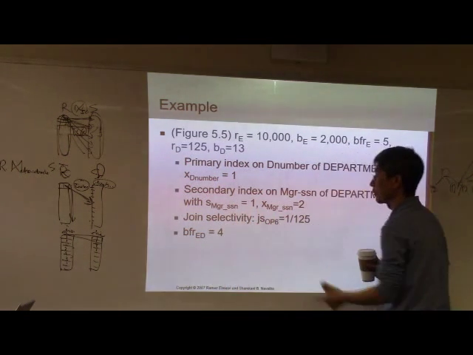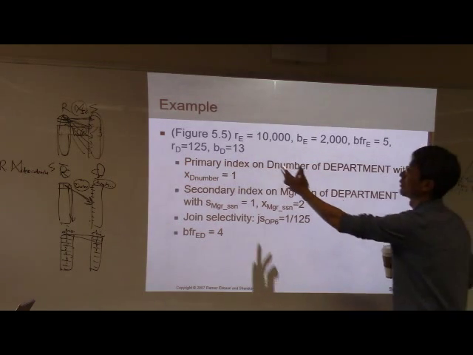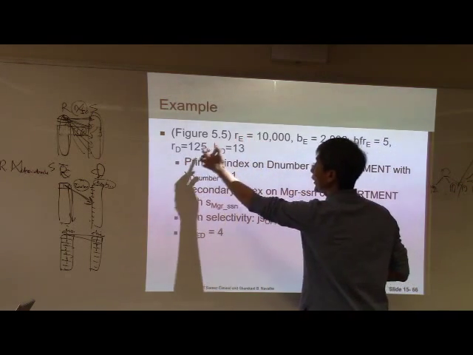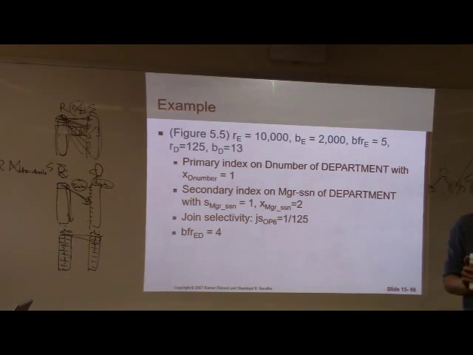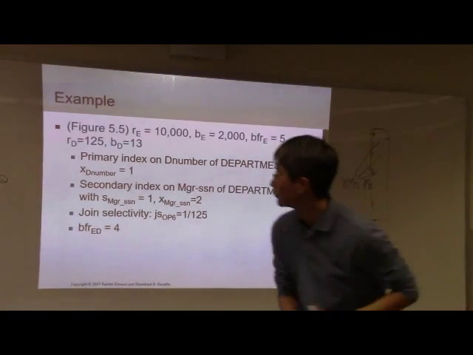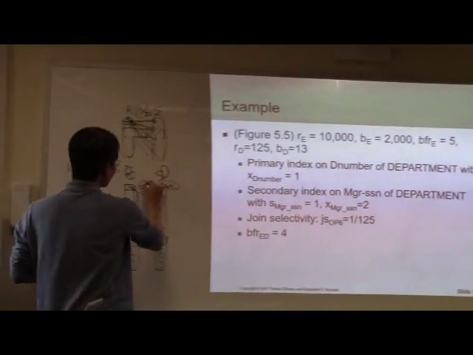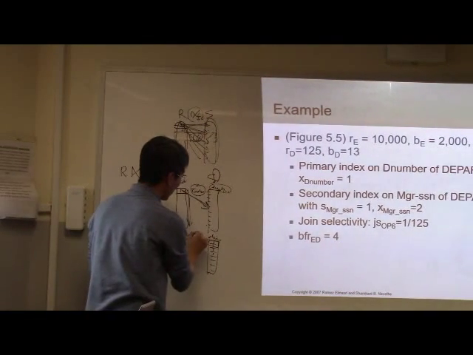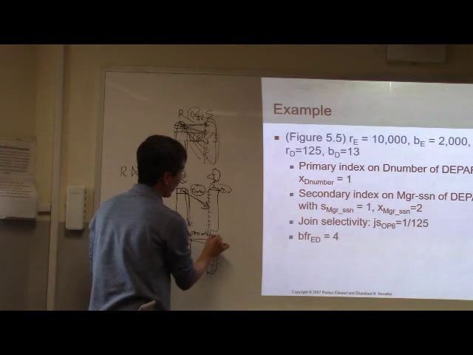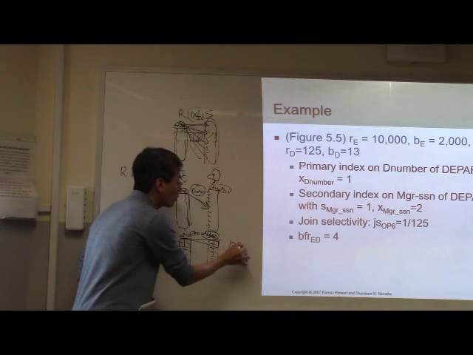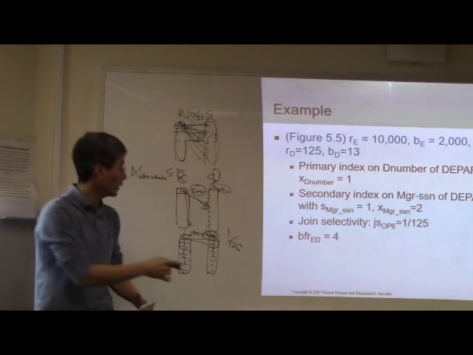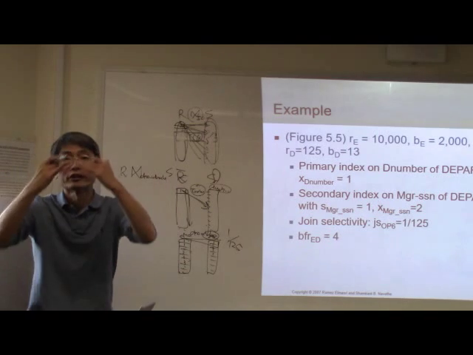And the join selectivity between the employee and department is 1 over 125, which means the join column is DNO equal to D number. When you join with this one, among 125, only one record will be joined.